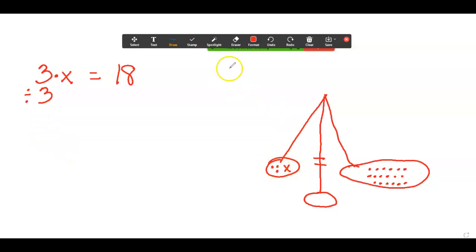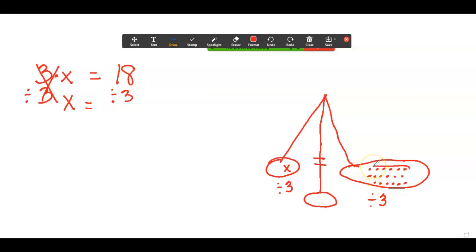So if I say I'm going to divide by 3, what that's really doing is I'm getting rid of these 3. I divided it by 3. So now up here, I'm left with x on this side. But what I do to one side, I have to do to the other. So now I have to divide 18 by 3.